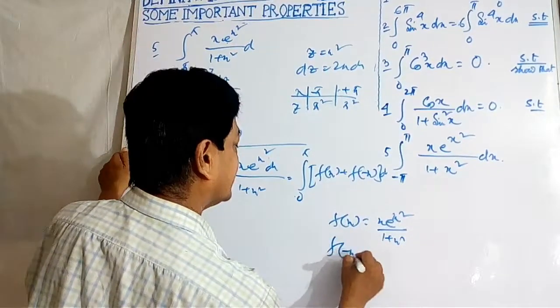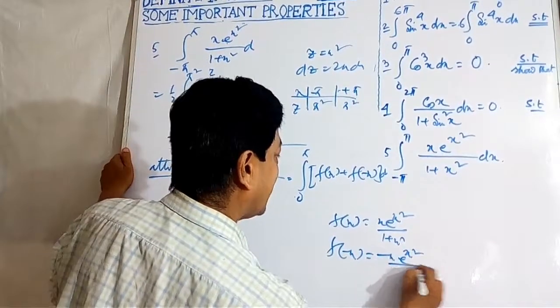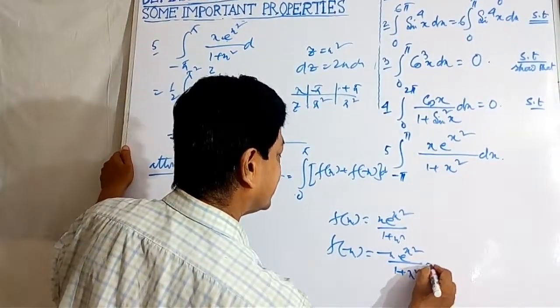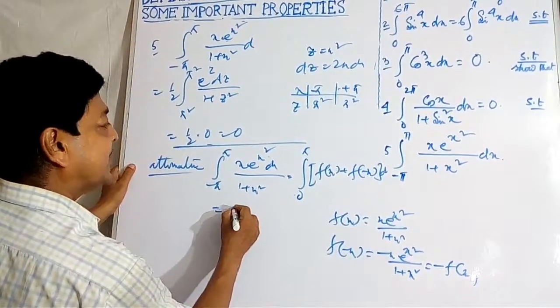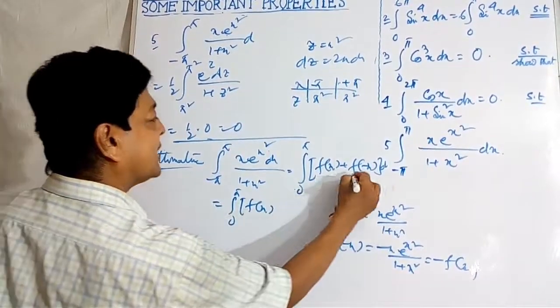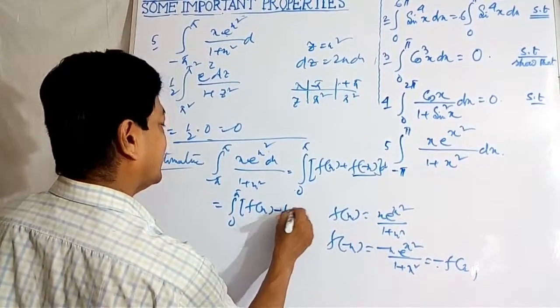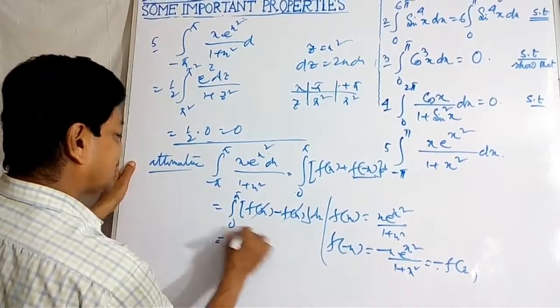What is f(minus x)? It is minus x e to the power x square, also minus x squared is x square, and 1 plus x square, that is minus of f(x). So this becomes the integral from 0 to pi of f(x) plus f(minus x), meaning minus of f(x), dx, and this cancels out, and so 0.